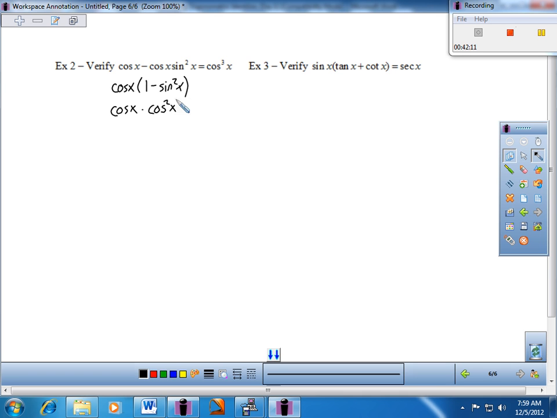And now, once we saw that, and again, you sort of knew this had to happen, right? Hey, everyone, there's only cosine on the other side. So how am I going to go from sine to cosine? That's our relationship right here, everybody. 1 minus sine squared is cosine squared. And then, of course, what is cosine times cosine squared? It's cosine cubed. Excuse me. And there we have it.